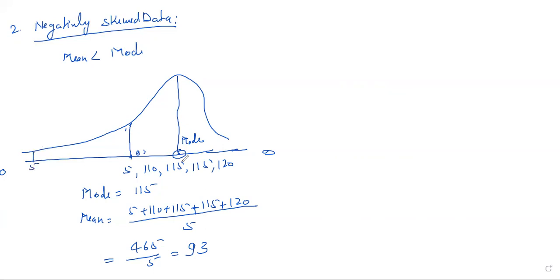So here we see that our mode is greater than mean. Hence, this is a negatively skewed distribution.